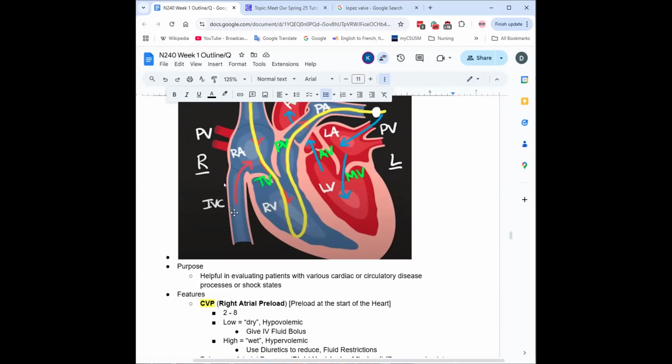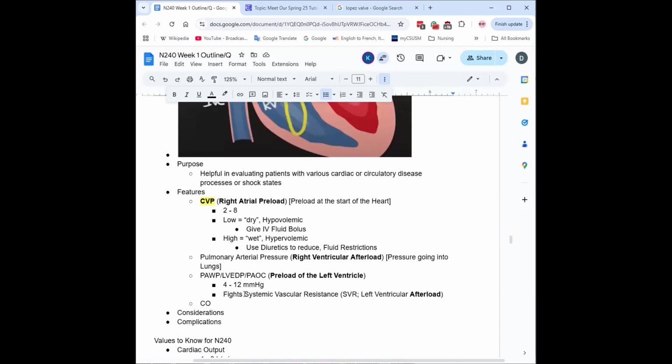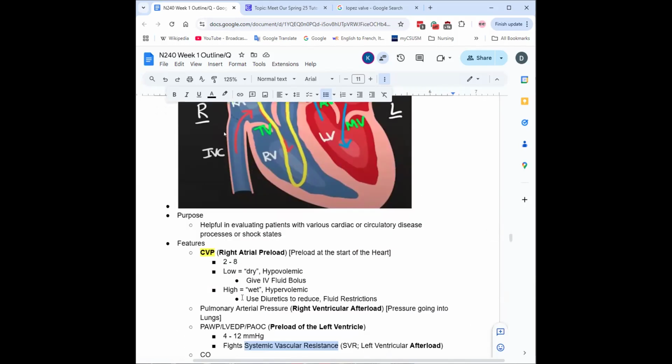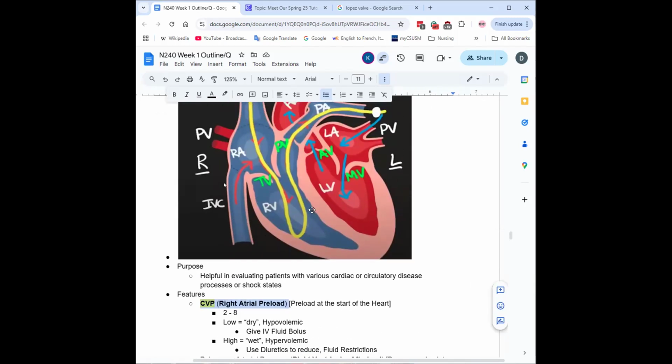Because you lowered the pressure, the afterload, once it makes its way back, you have less pressure going back in. Because you lowered this, as it cycles all the way back to become the CVP, it's lowered as well because you vasodilated. Does that make sense?